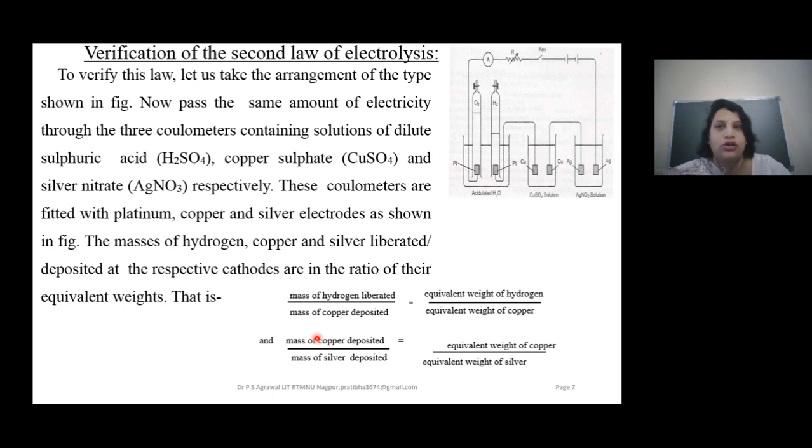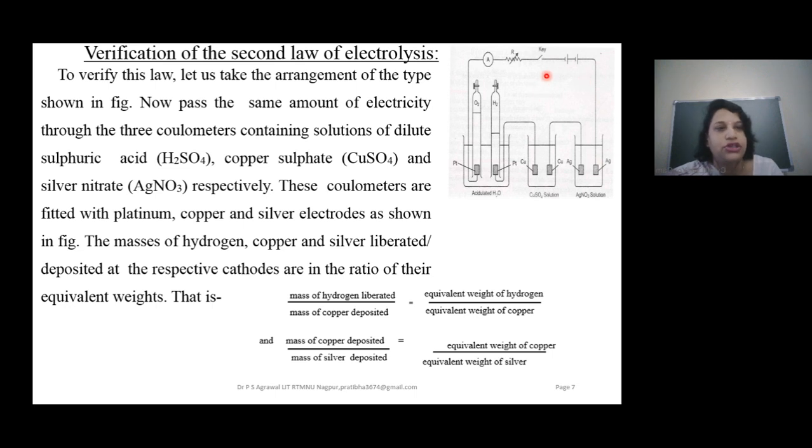To verify this law, let us take this arrangement. Pass some amount of electricity through the 3 voltameters containing solutions of dilute sulfuric acid, copper sulfate, and silver nitrate. These voltameters are fitted with platinum, copper, and silver electrodes as shown in the figure.